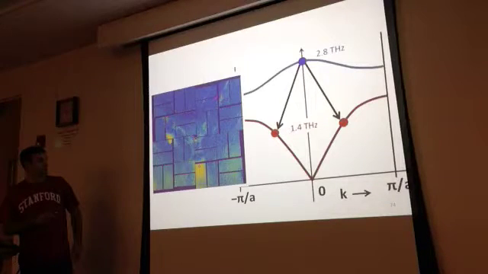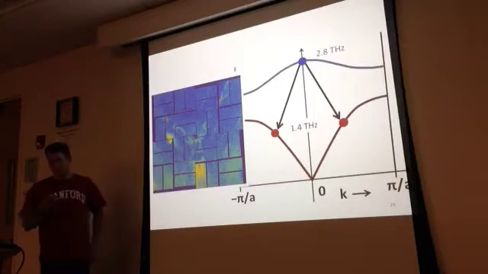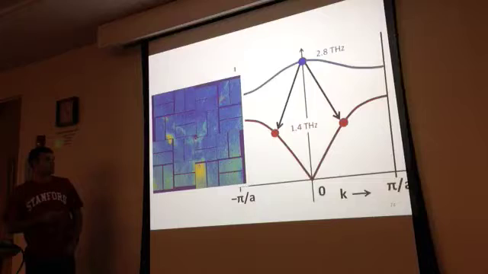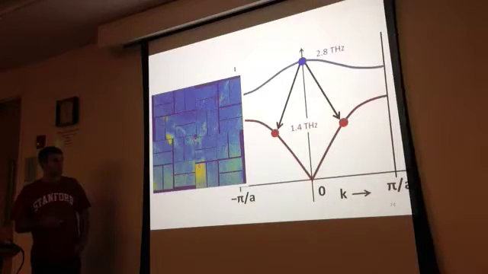And then these closed red contours are places where we see oscillations at 2.8 terahertz and where we expect to have phonons that are frequency 1.4 terahertz, or at least we have good reason to expect that there will be phonons there. One thing I should say is that in this image, when we looked for oscillations just above and just below 2.8 terahertz, there was nothing really going on. So there was something very special happening at 2.8 terahertz in these regions of the detector.